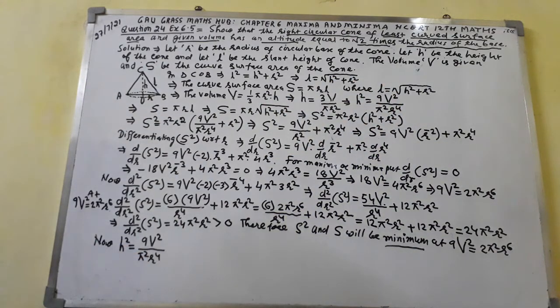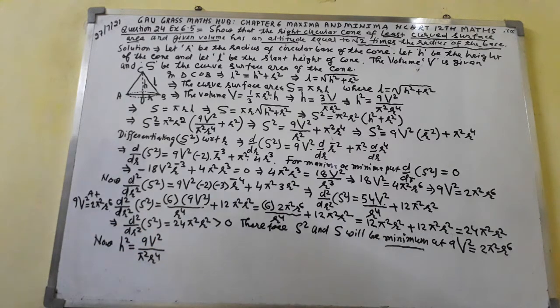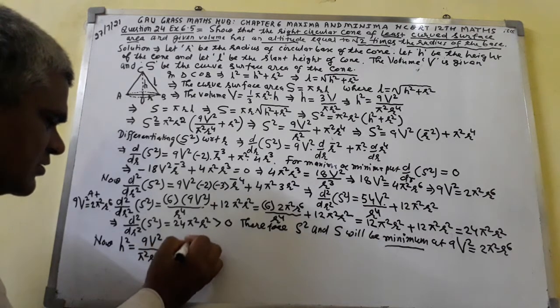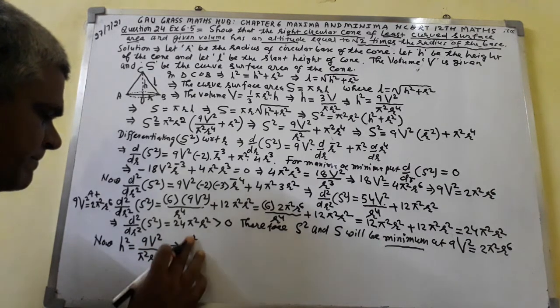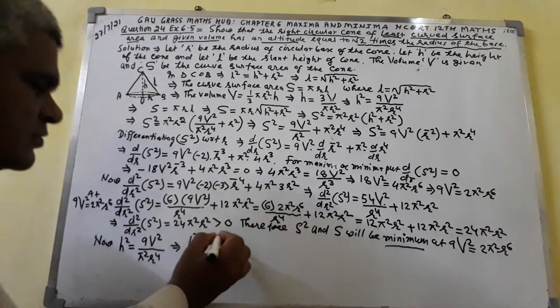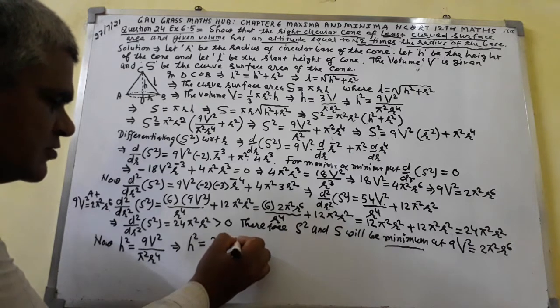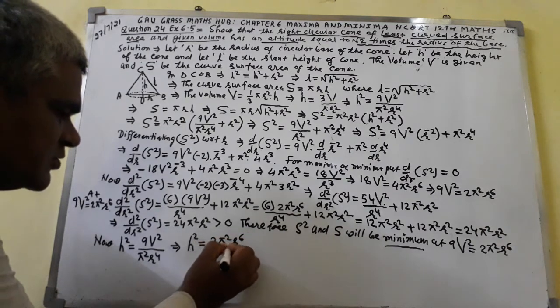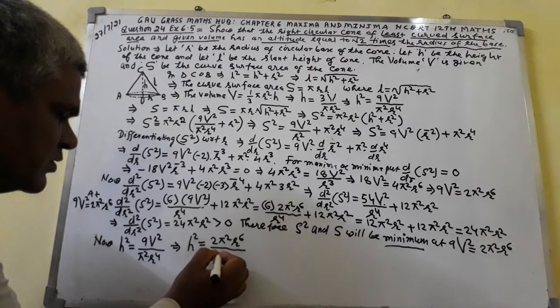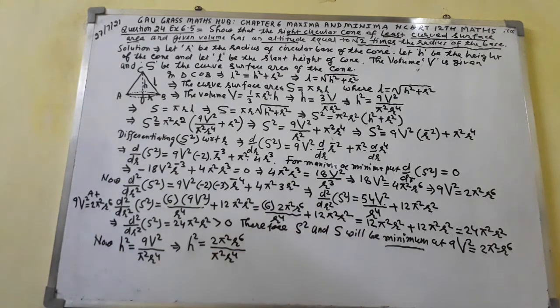Same thing I have written. So in place of 9v square I shall write 2 pi square r raised to the power 6, so h square equal to 2 pi square r raised to the power 6 whole over pi square r raised to the power 4.